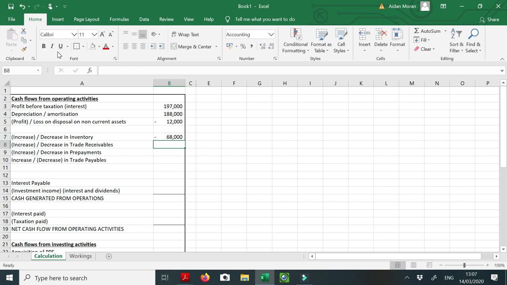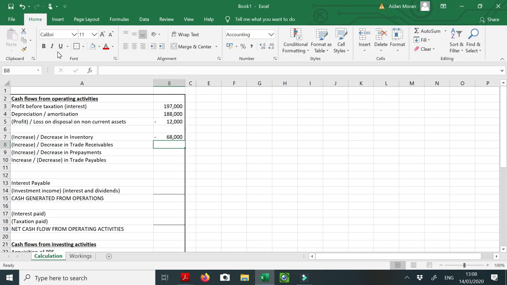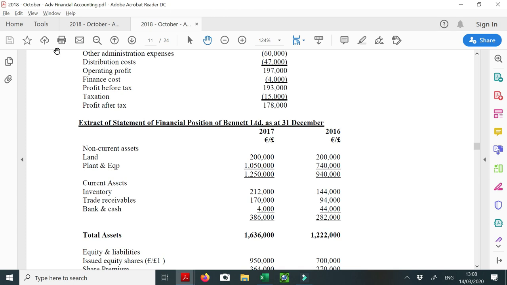Do the same for trade receivables. It was 94, it's gone up to 170, that's an increase of 76,000, and it's a minus again, minus 76,000. My prepayments, well, there were no other current assets. You do not put in cash. That is your balancing figure.